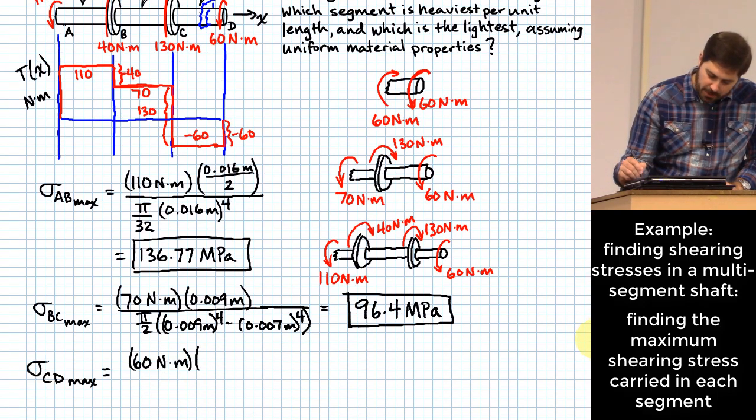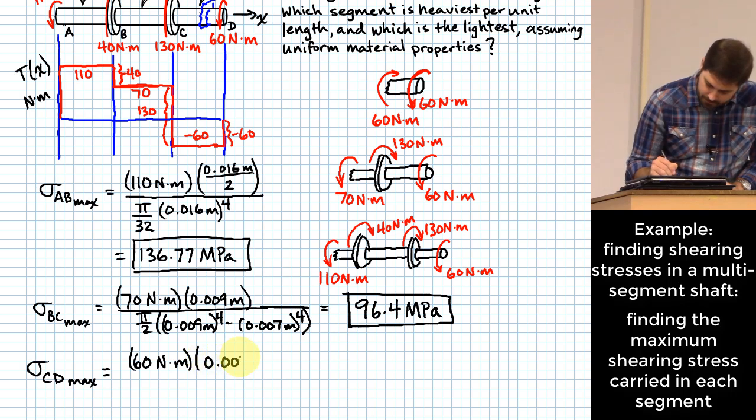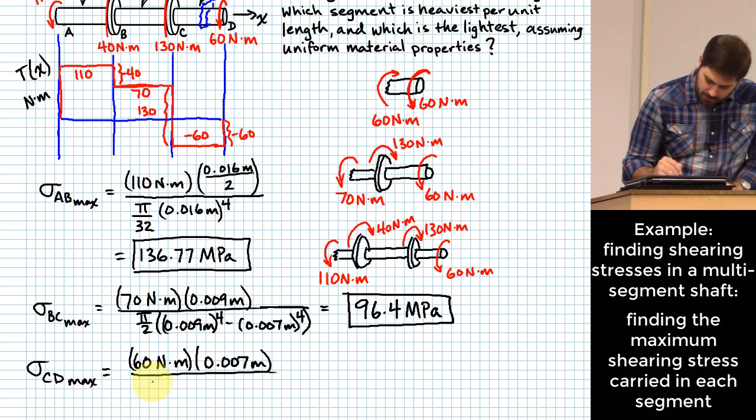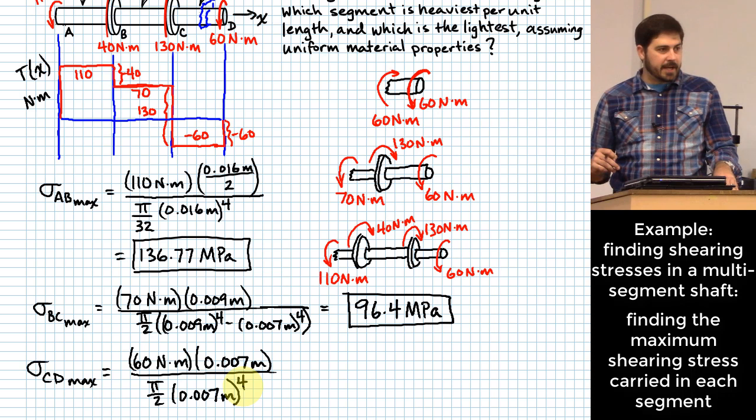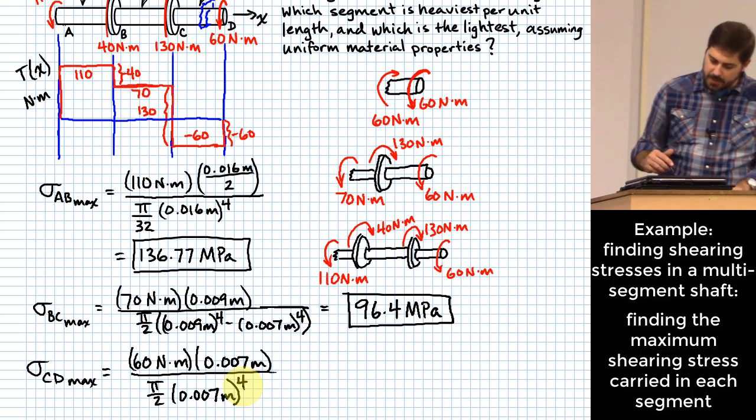Outer radius is 7 millimeters. Here I've got pi over 2 times 7 millimeters to the fourth. And I can ignore any kind of inner radius because that's a solid piece as well.